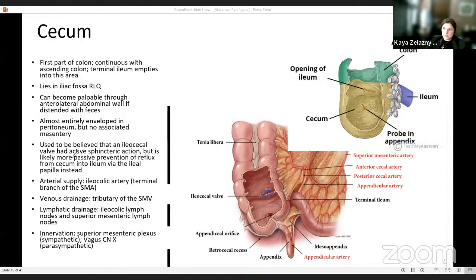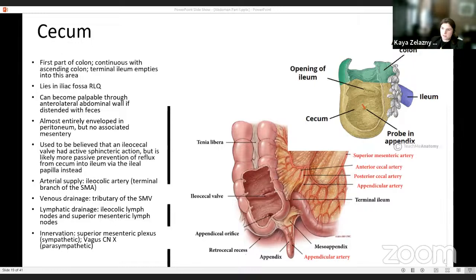For our arterial supply here, we have our ileocolic artery. The ileocolic artery is the last branch, the terminal branch, of our superior mesenteric artery. Venous drainage is going to go through our superior mesenteric vein. Lymphatic drainage is also going through an ileocolic lymph node and going up to our superior mesenteric lymph nodes.